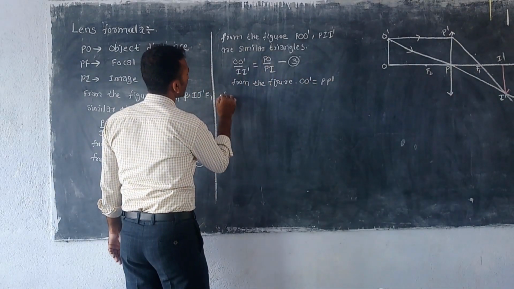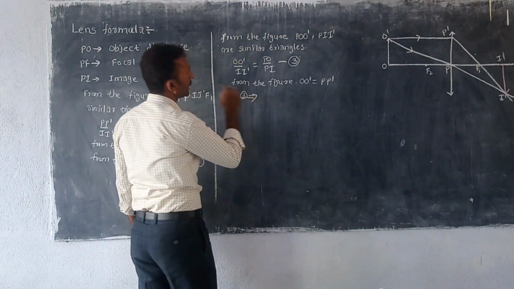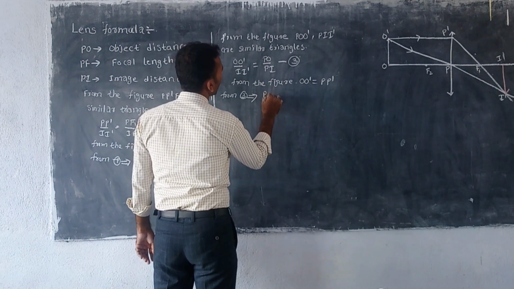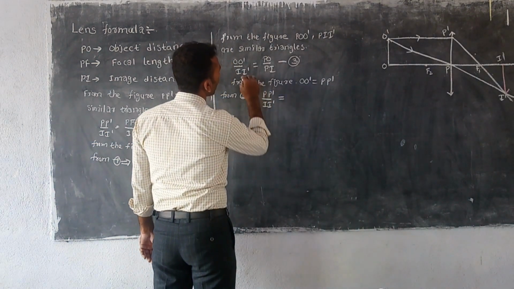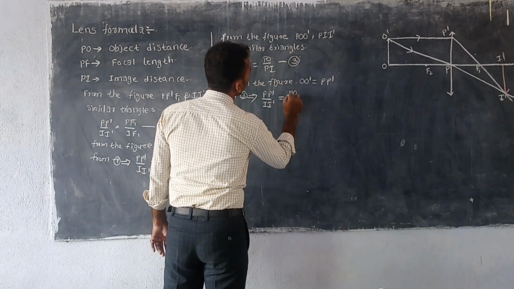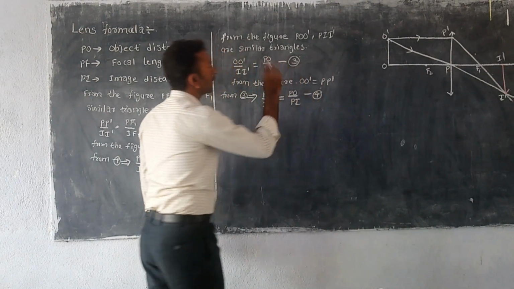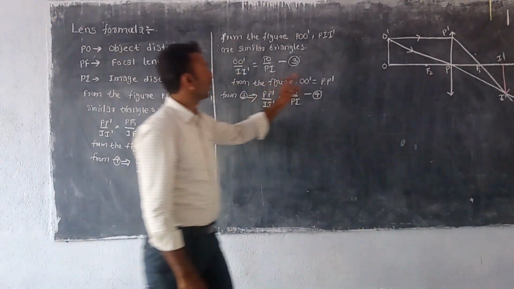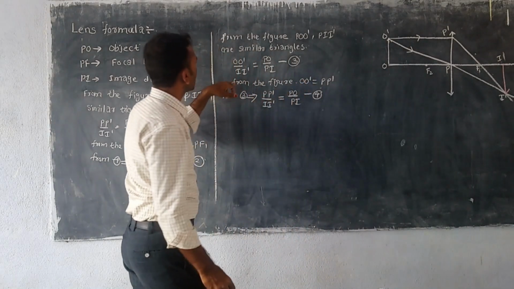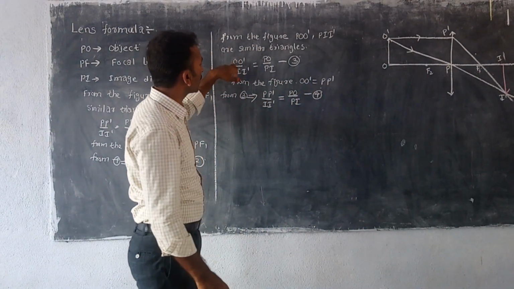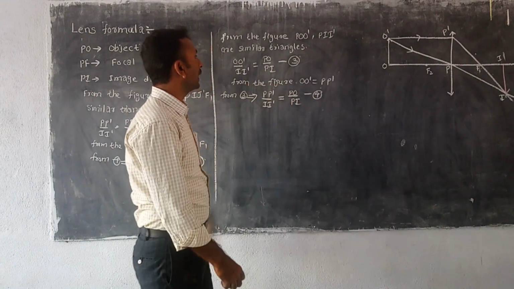So from equation 3, what will become? P dash by I dash equals PO by PI. This is equation 4. Here O dash and P dash are equal, and we are substituting the value in place of O dash.